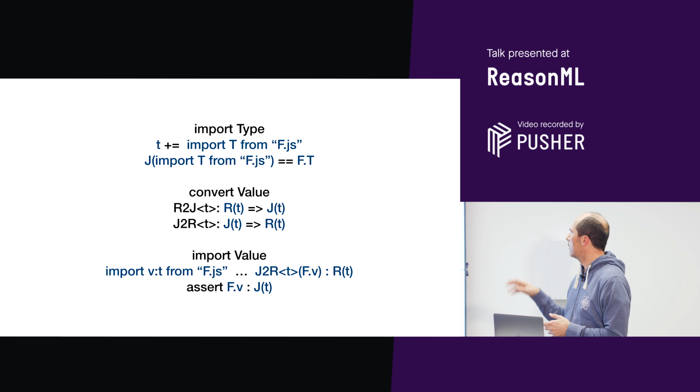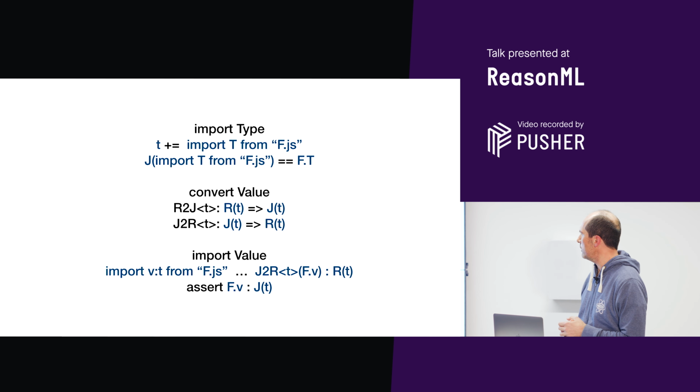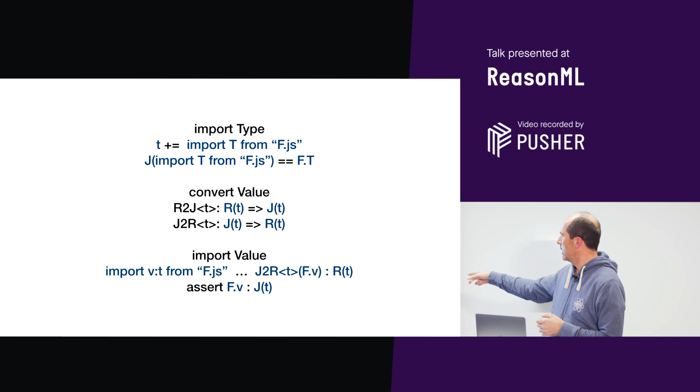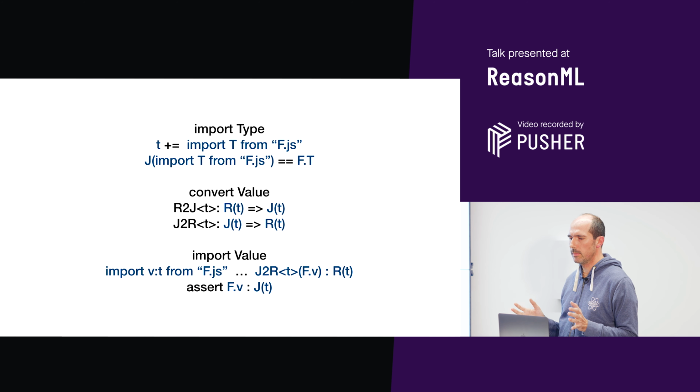Okay? The conversion values are like before, and then if I want to import a value, I access the value, and then I convert it to Reason. So that's the way I import it. It's pretty much like a normal FFI integration plus the conversion of the representation.